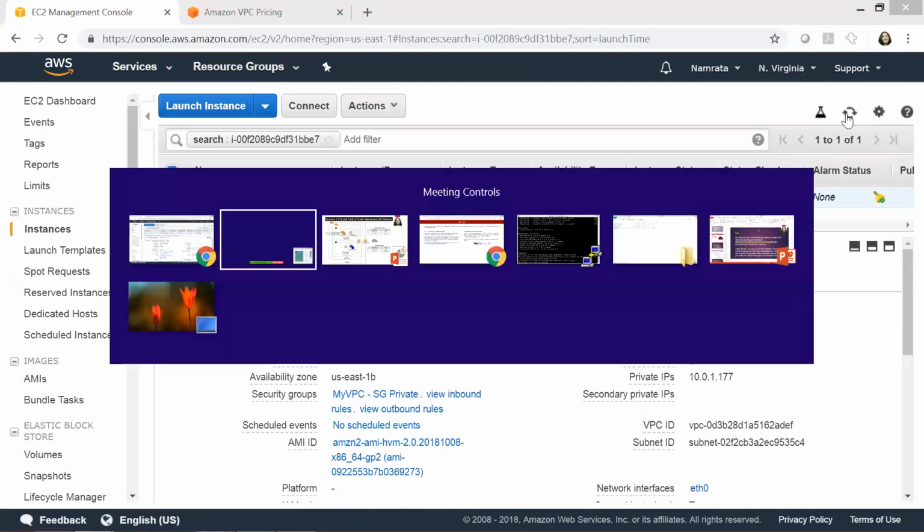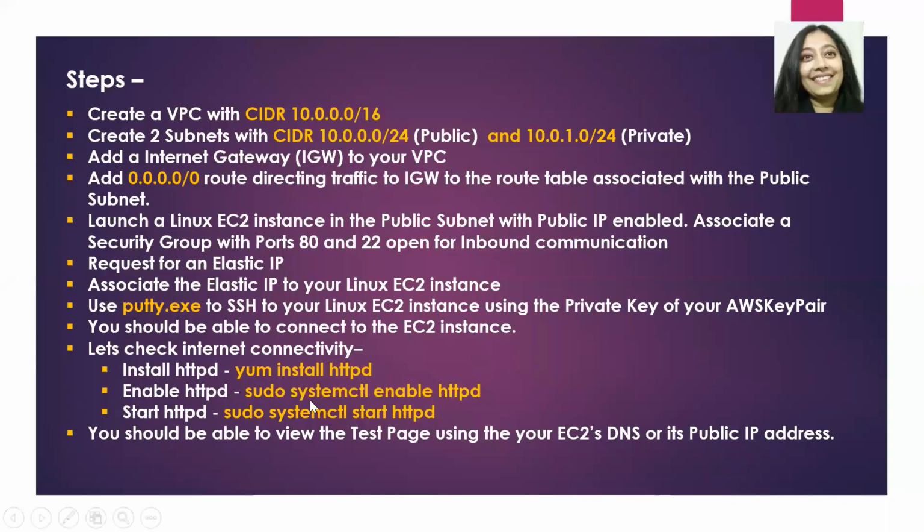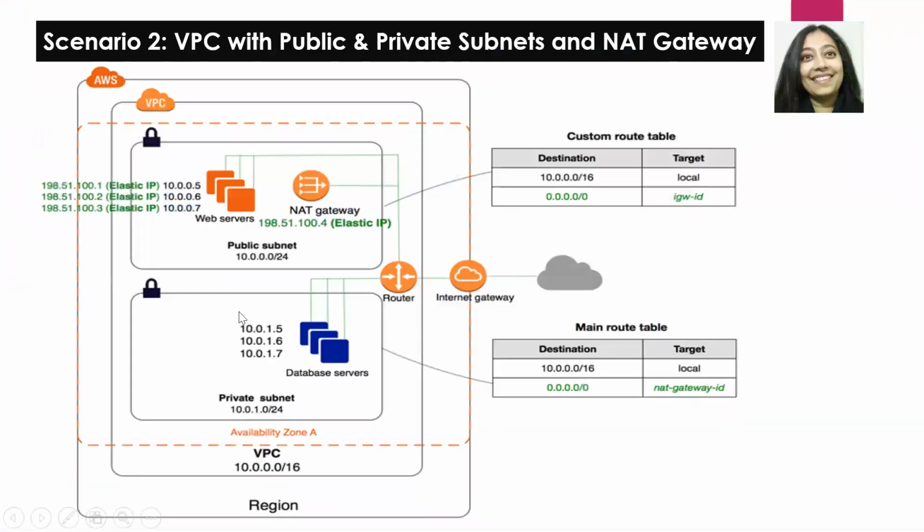Okay, so let's switch back to our diagram. What we have done so far is we've provisioned the EC2 instance in our public subnet, and we've also provisioned an EC2 instance in our private subnet. So the next thing that we need to do is provision a NAT gateway, that is this part, and associate an elastic IP address to it.